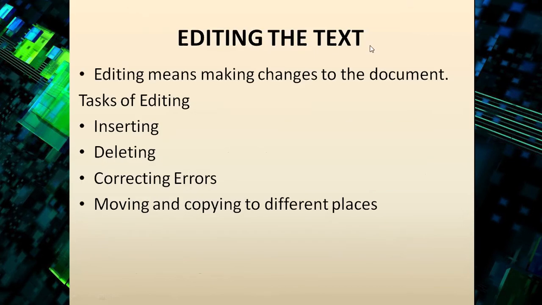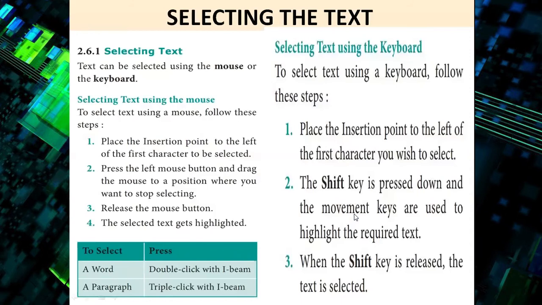What is editing text? Editing means making changes to the document by inserting text, deleting text, correcting text, and moving and copying the text to different places. Selecting text: we can select text in two ways, either by mouse or by keyboard.